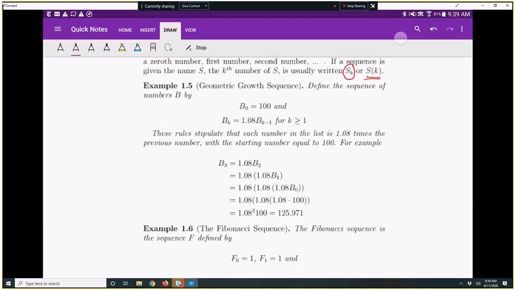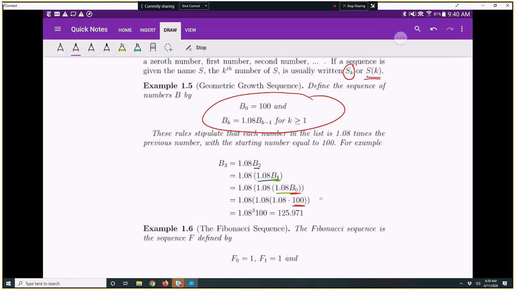So if I had a definition like this one, and then I wanted to find, say, the third term, then I can say B3, well, that by definition is equal to 1.08 times B2, but B2 by definition is equal to 1.08 times B1, so I replace that, but B1 by definition is equal to 1.08 times B0, and B0 I know is 100.